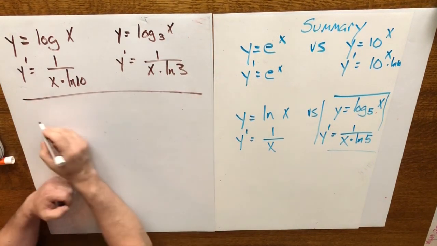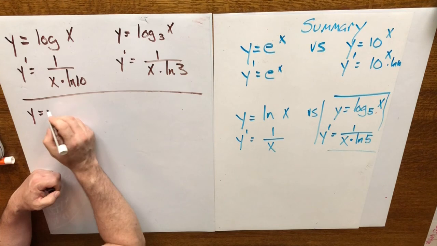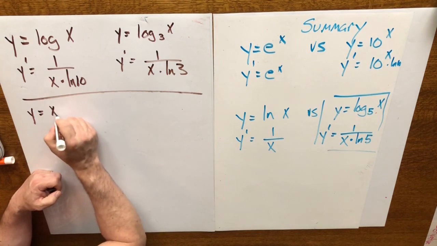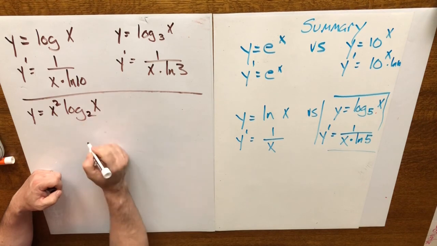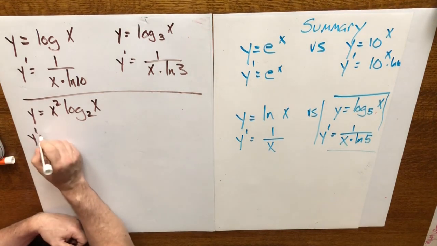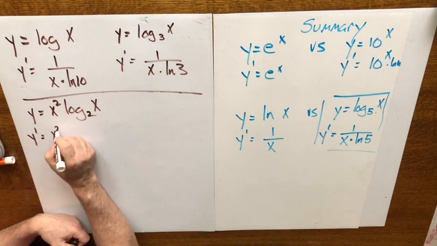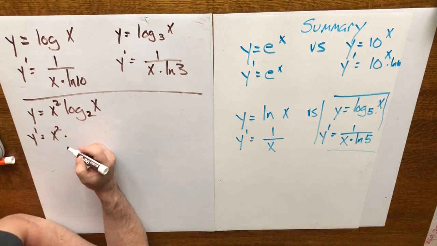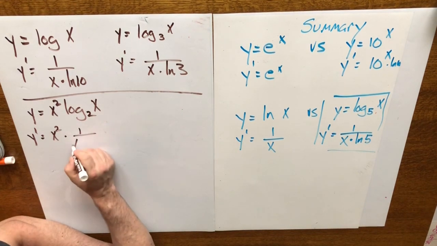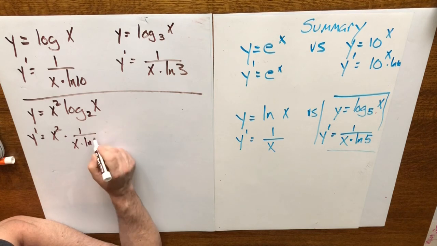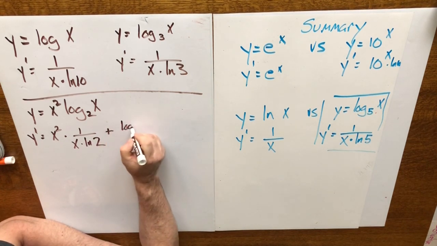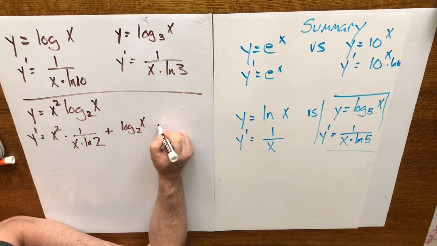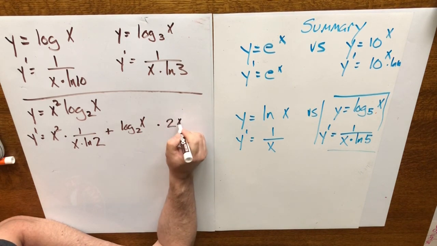Let's make these questions combine other rules. For example, let's look at a product rule question. Y prime equals the first, x squared, times the derivative of the second, 1 over x times the ln of the base, plus the second, log of x to base 2, times the derivative of the first.